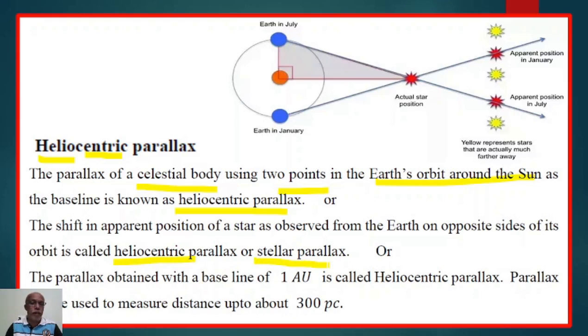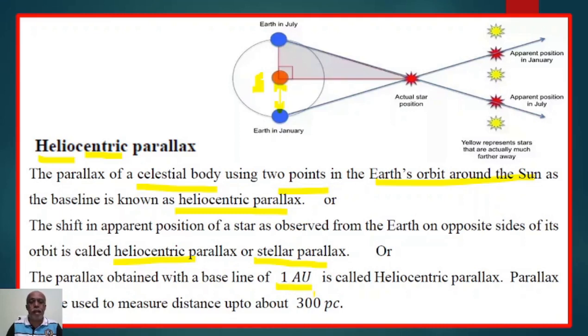We can also define it as the parallax obtained with a baseline of 1 astronomical unit. The baseline of 1 astronomical unit is nothing but the distance between the Sun and the Earth. This is the Sun. The distance between the Sun and Earth is called 1 astronomical unit, 1 AU. That is, the baseline is equal to 1 astronomical unit.